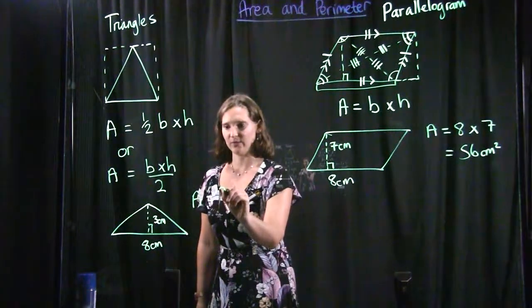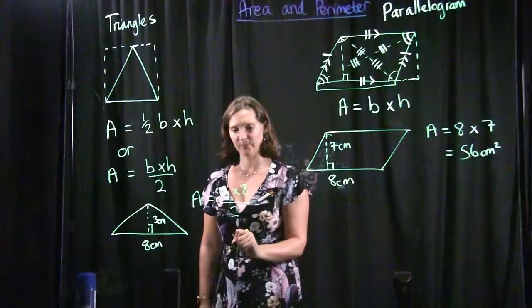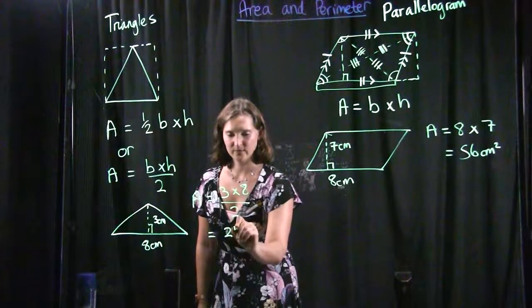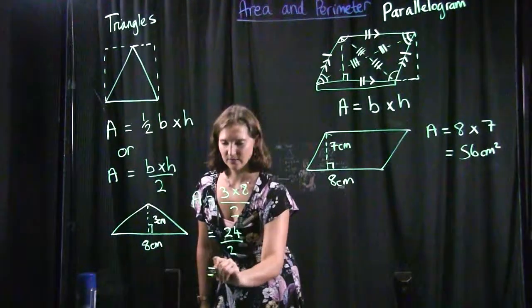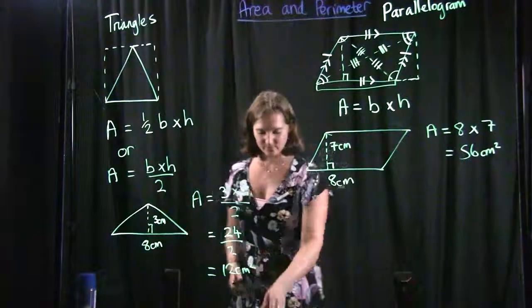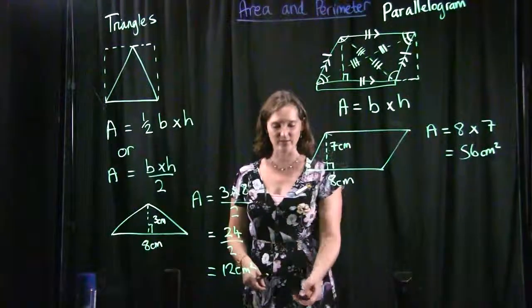Area then is going to equal 3 times 8 over 2. So 3 times 8 is 24 over 2, 12 centimeters squared. So that's how to work out the area for a triangle and for a parallelogram.